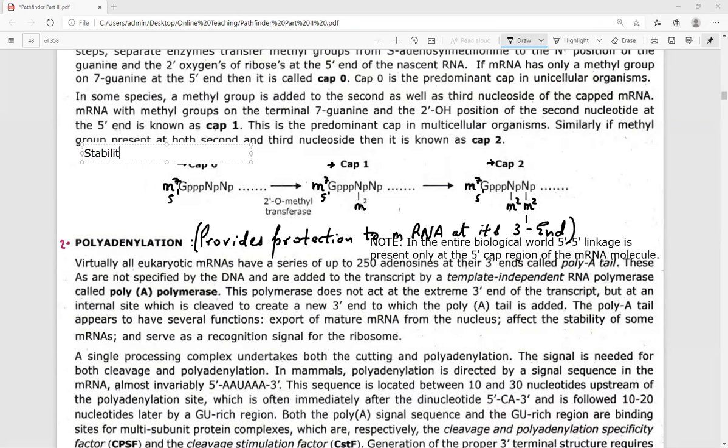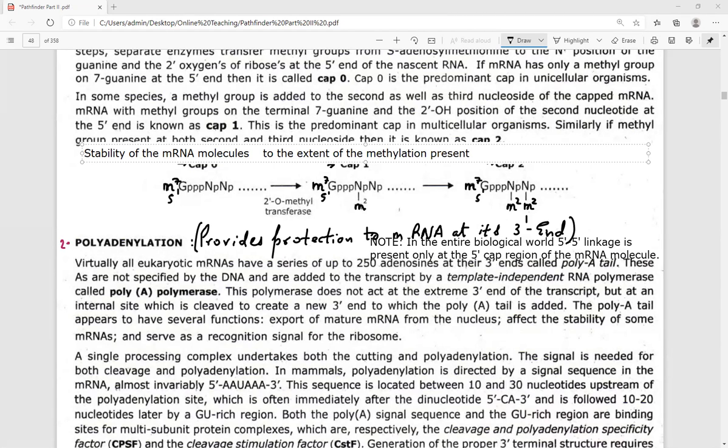The simplest formula: the stability of the mRNA molecule is directly proportional to the extent of methylation present.